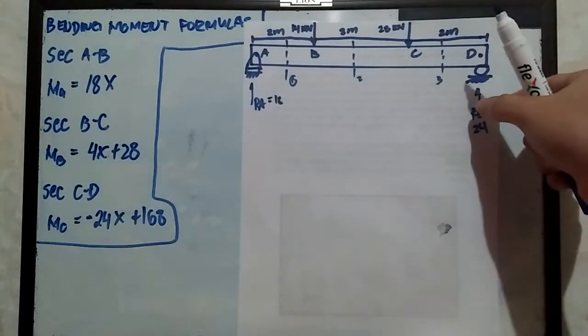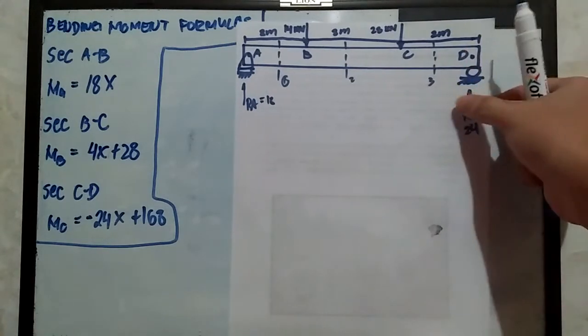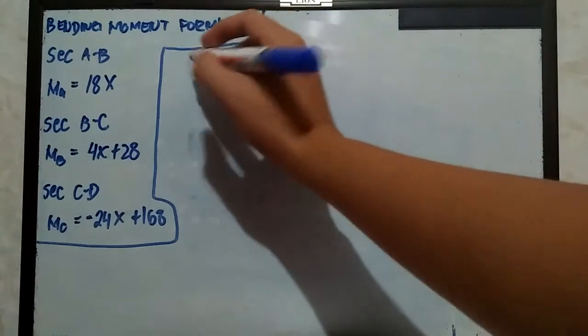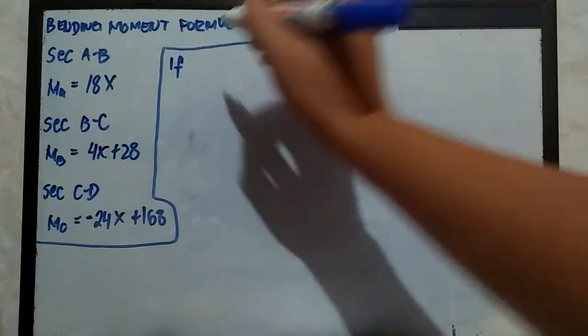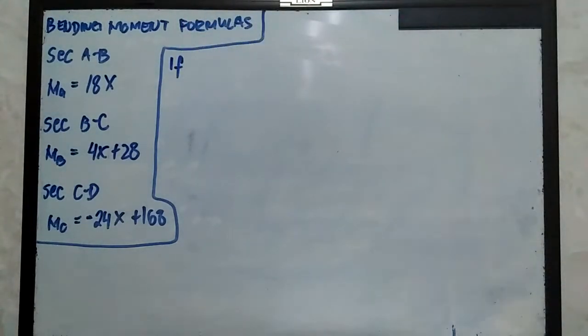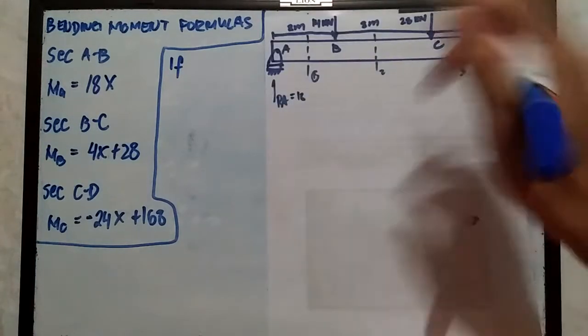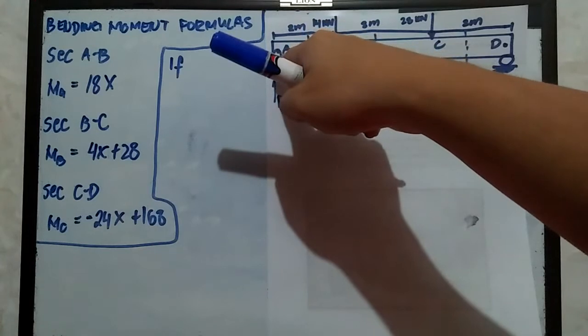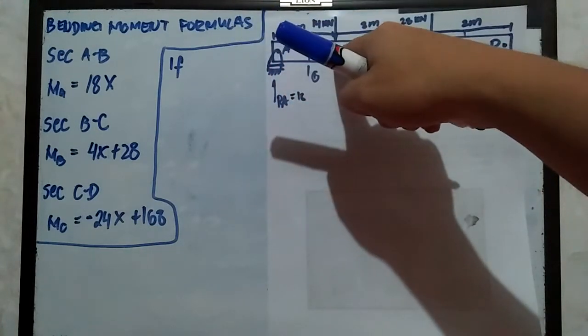So let's try to set the limits by starting from section A-B. Let's assign our limit from A to B, so from 0, because we are starting from A, all the way up to 2 meters.